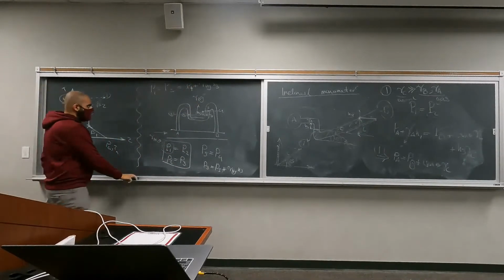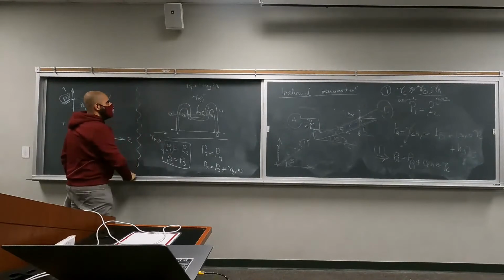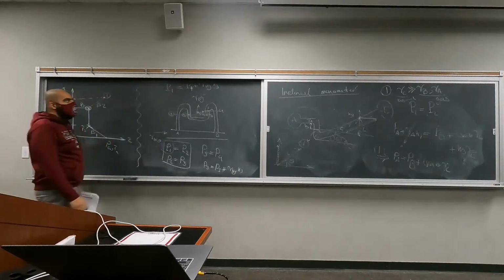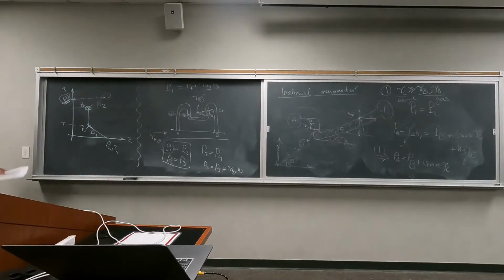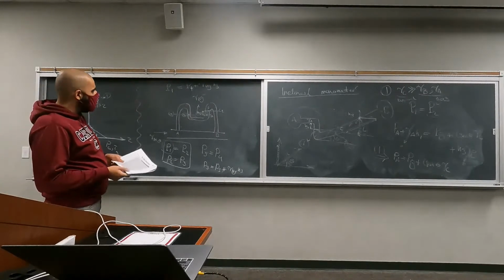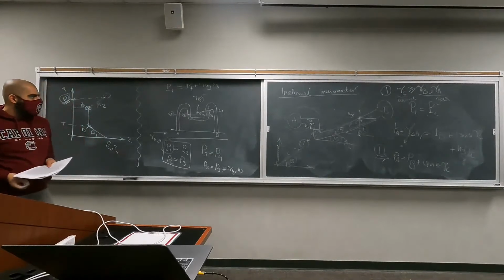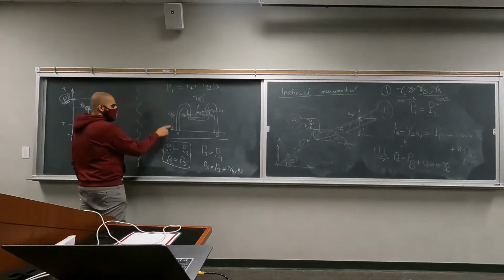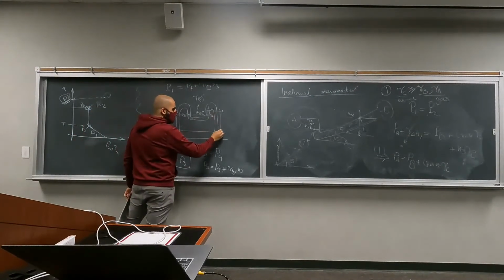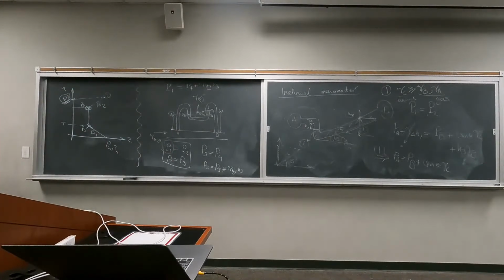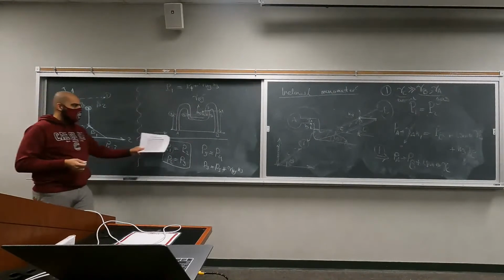And then we have this relationship: P1 is going to be equal to P4 plus gamma Hg, H3. But what we need here is to find the relationship between P1 and PA, and P4 and PB. And then we're done. We have found the pressure differential between these two points.